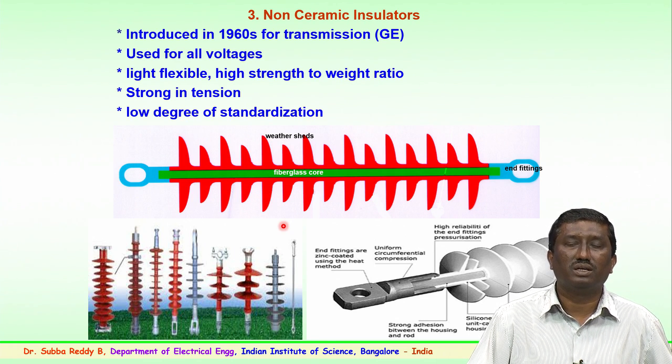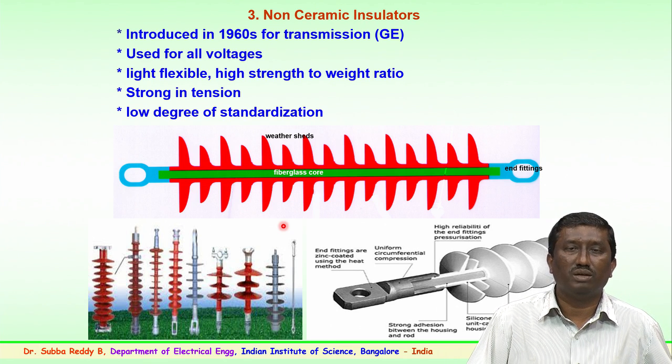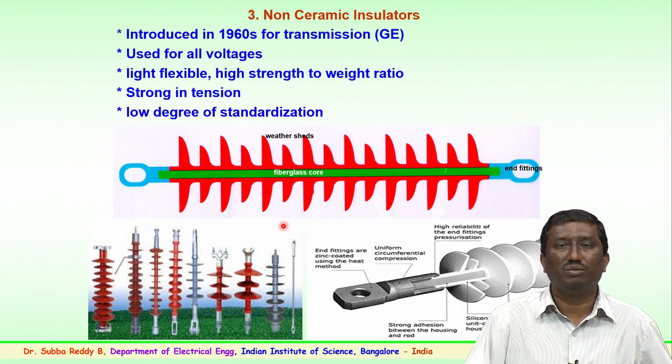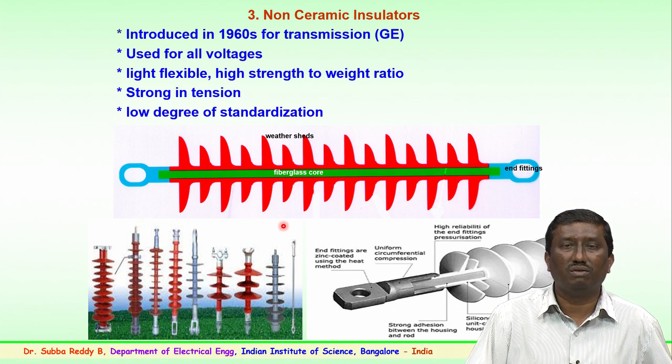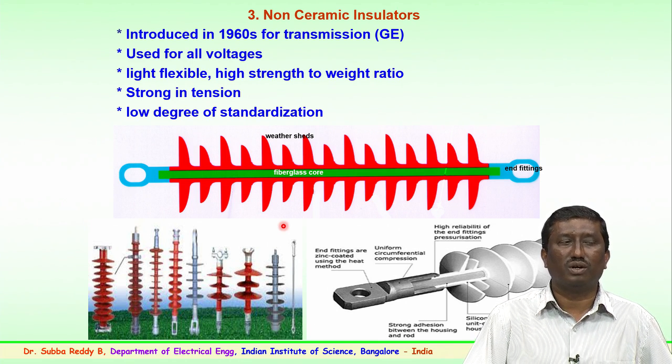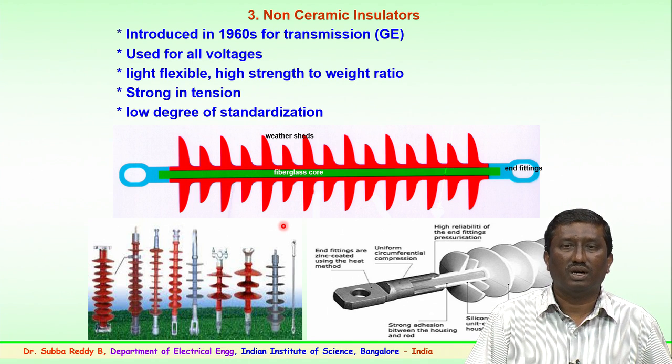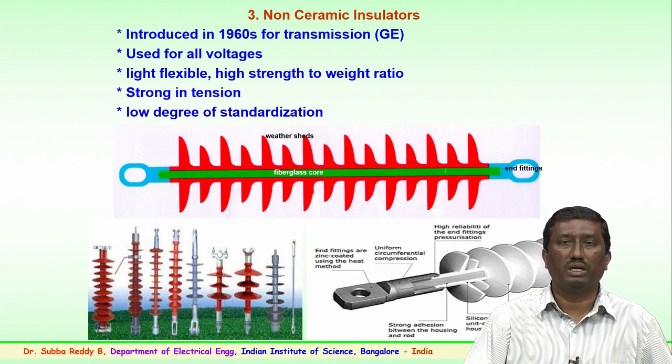Presently the cost has been substantially reduced and it is on par with ceramic, or maybe slightly lesser in comparison to the ceramic insulator. So, several industries manufacturing non-ceramic or polymer insulators have come up in the country and elsewhere. Various types of polymer non-ceramic insulators are being used for the various voltage applications.